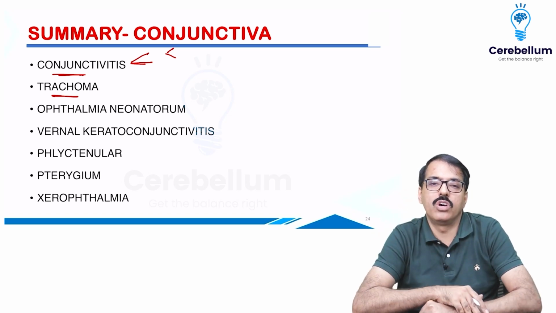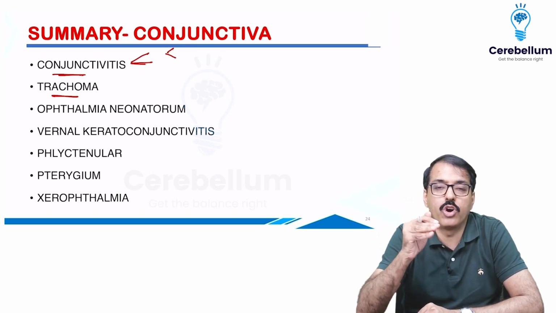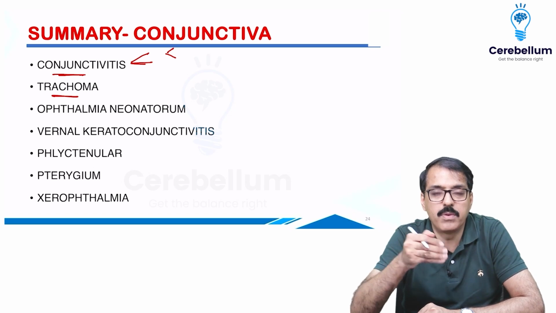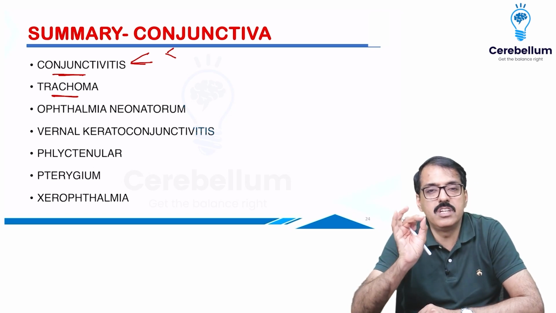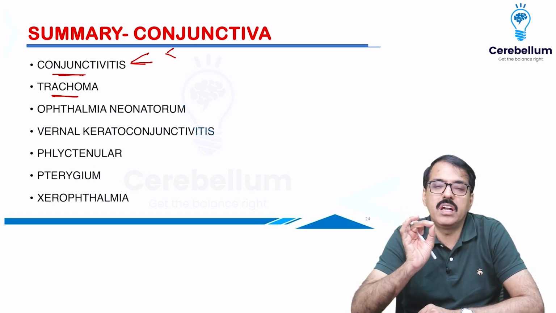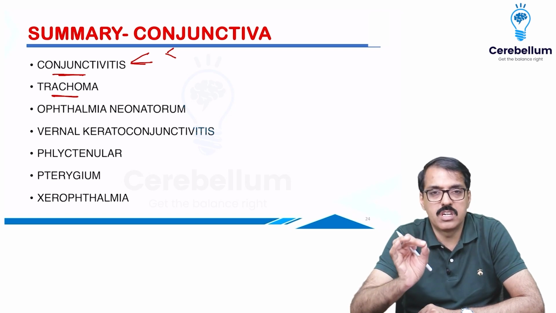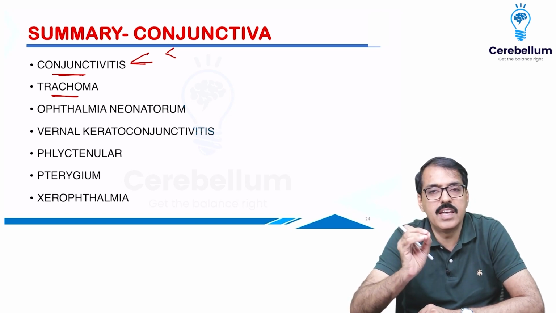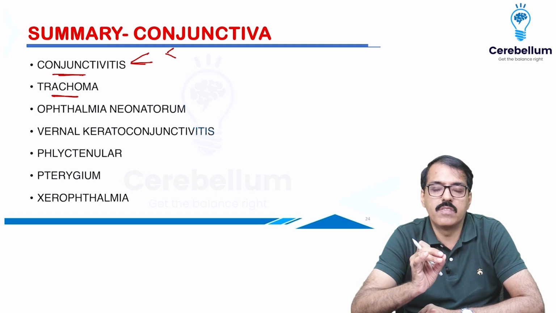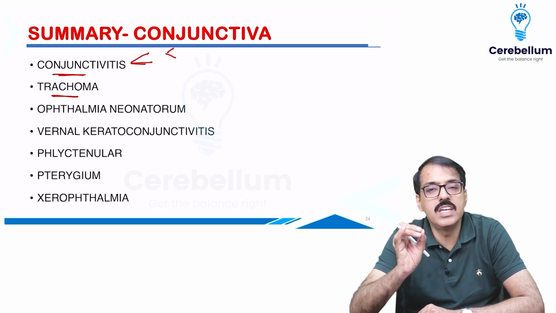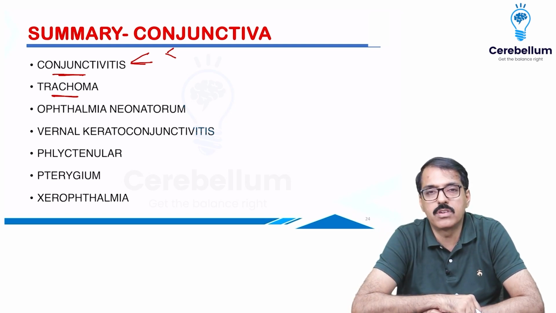Complication is corneal opacity because of eyelashes rubbing on the cornea. So corneal opacity should be avoided by timely treating the sequelae. What is the treatment? Treatment is SAFE strategy, given by WHO as a part of GET. GET was Global Elimination of Trachoma, but obviously it has not happened.